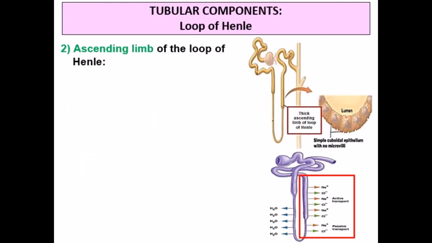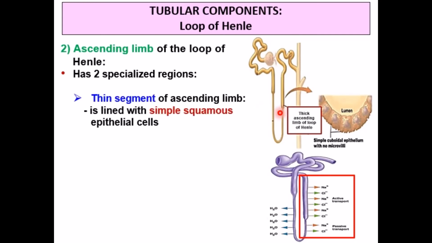The second part of the loop of Henle is the ascending limb, this one. It has two specialized regions.